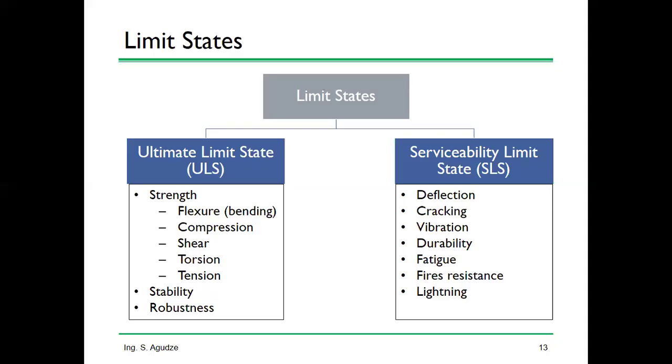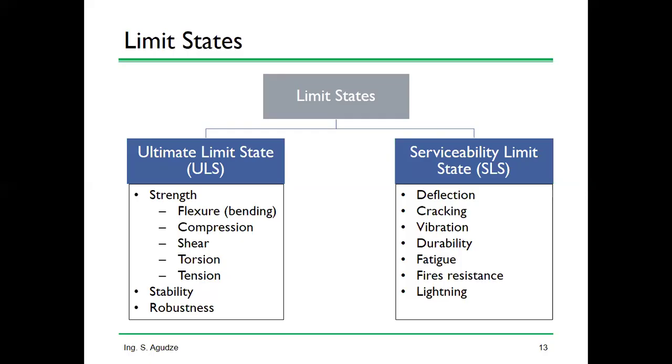So what we are saying is that anytime we are designing, if we want to fulfill ultimate limit state, we should make sure the structure is safe in terms of strength, stability, and robustness.